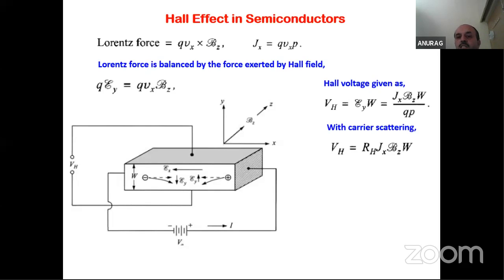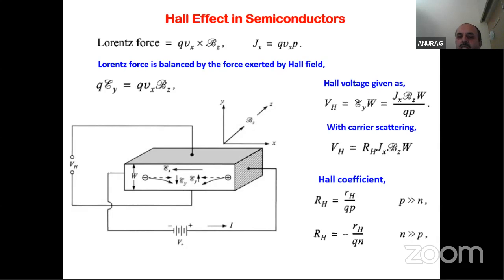So the RH factor, which is 1 by QP, is not known. VH is equal to RH Jx Bz W. VH I am measuring experimentally, and this is the Hall effect study. I have measured the Hall voltage, the other three things I know, so I can calculate the factor RH.